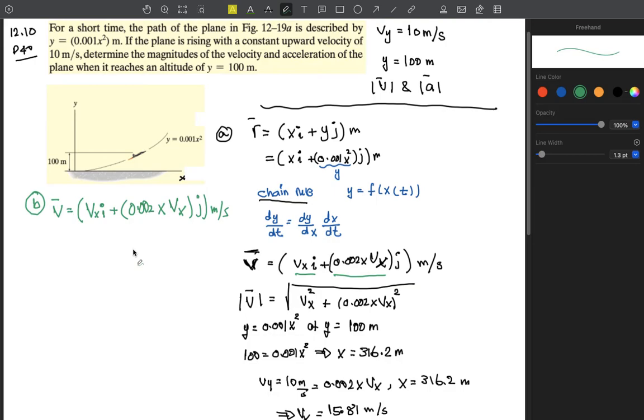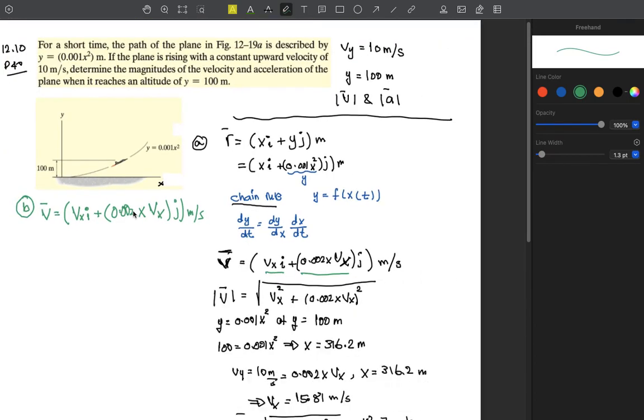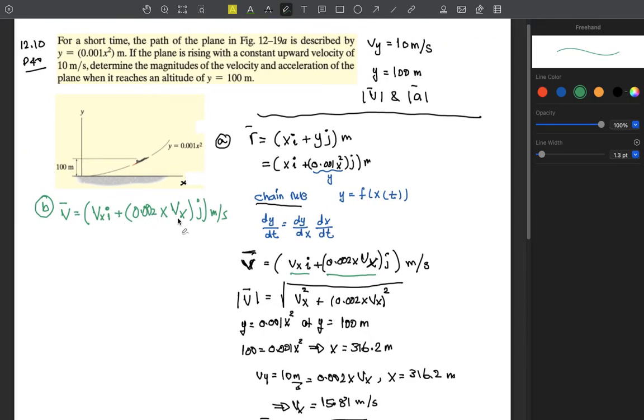But look guys, here we have Vx. This is simple. If you differentiate this with respect to time, you get Ax immediately. That's simple. But now here we have the y term, right? The Vy. The whole thing is Vy here. Now we have two functions or two terms multiplied by each other, and we need to carry out differentiation.